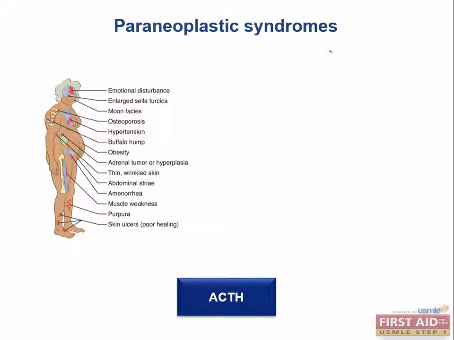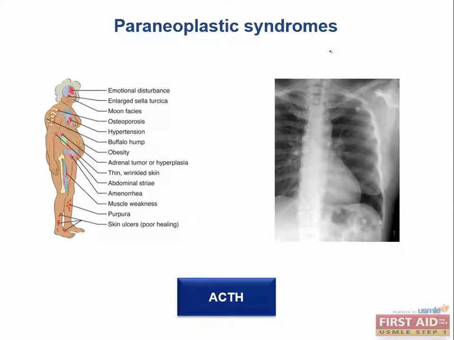ACTH, adrenocorticotropic hormone, and that is the paraneoplasm. So some cancers can produce ACTH and cause Cushing syndrome. What are those cancers? How about lung cancer, and specifically small cell lung cancers? Okay, so small cell is associated with ACTH.